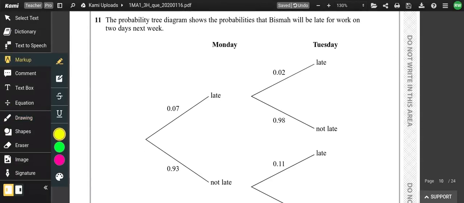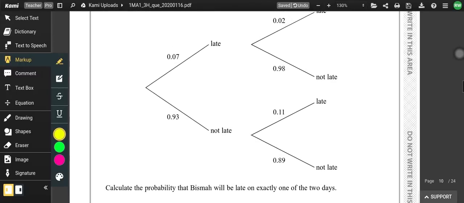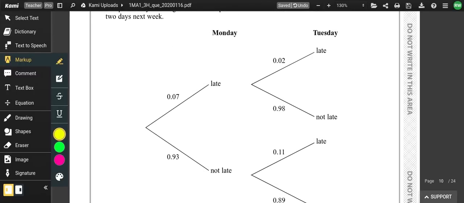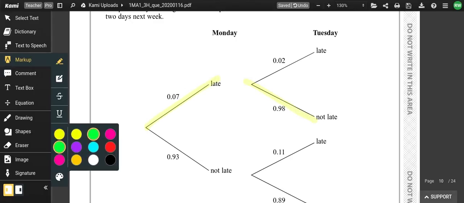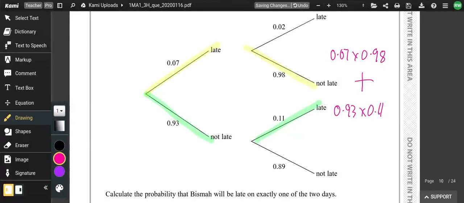For question 11, we have a probability tree, and we want to work out the probability that we're late on exactly one of the 2 days. So we're going to go late, not late, and not late, late. We can simply multiply these together, 0.07 times 0.98 and 0.93 times 0.11, and add those two results together.